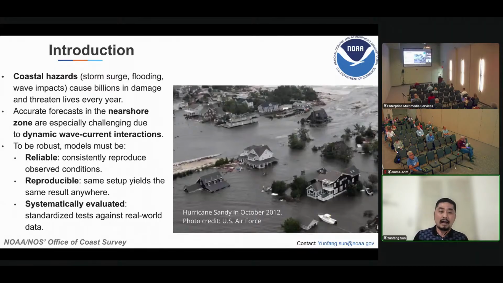Accurate forecasts in the nearshore zone are especially challenging due to the dynamic wave-current interactions. To be an accurate model, the model should be reliable, reproducing observed conditions; reproducible, the same setup yielding the same result anywhere; and systematically evaluated, with standard tests against real-world data.